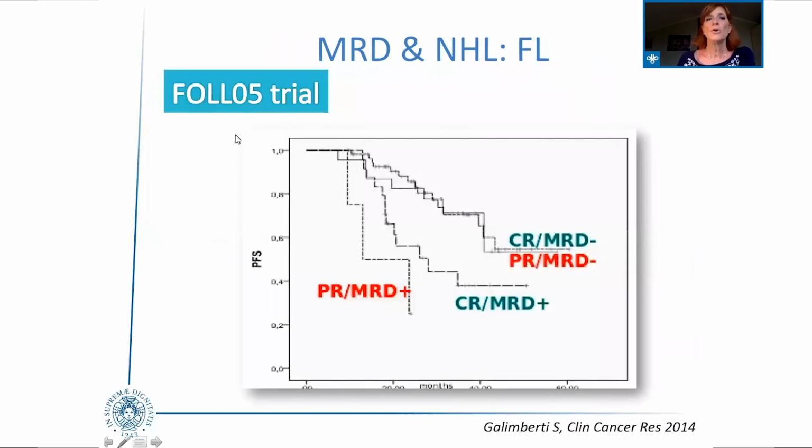This is the FOLLOW-5 trial that included more than 800 follicular lymphoma patients, where our lab, our group, demonstrated that a patient with an unsatisfying response, partial response, but MRD negative when we used quantitative PCR for BCL2-JH rearrangement, showed the same progression-free survival as patients in complete hematological response.